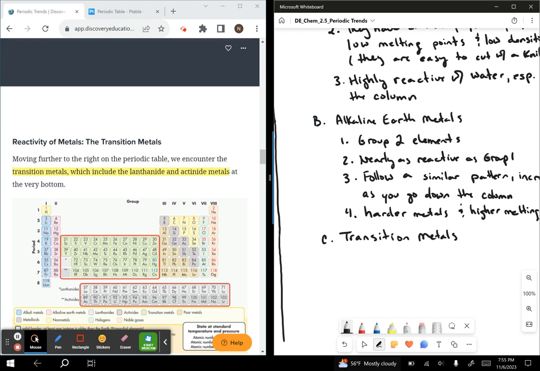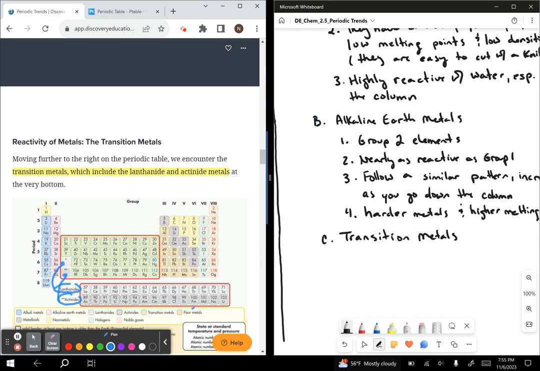So what do these include? The lanthanide and actinide metals. So they're talking about including these guys as well, the lanthanides and the actinides. And they go here respectively and here respectively. So they're part of this.